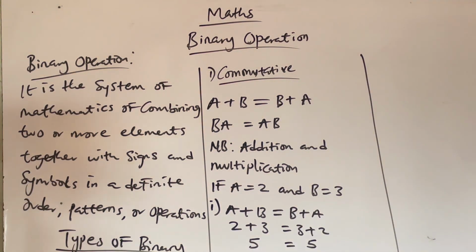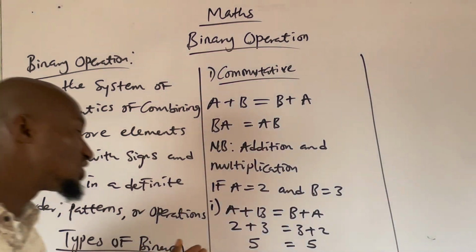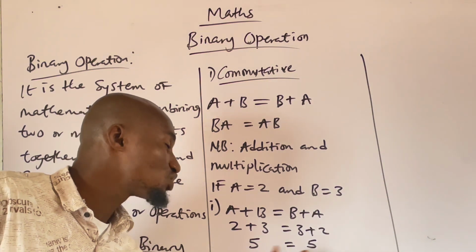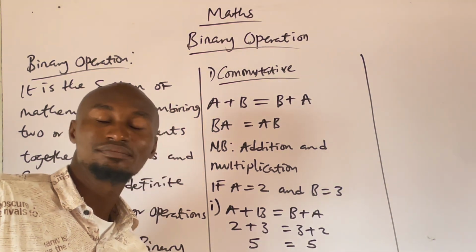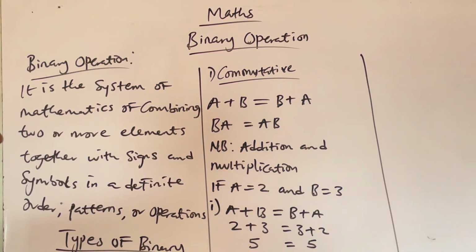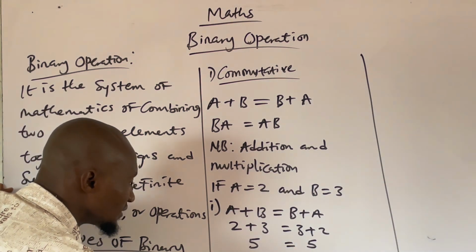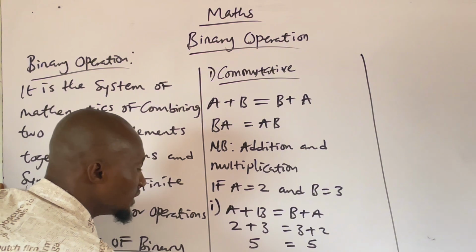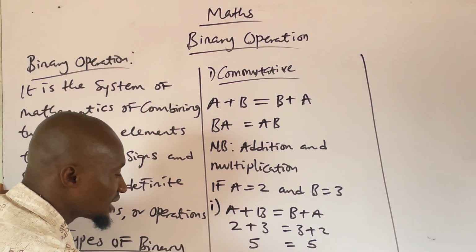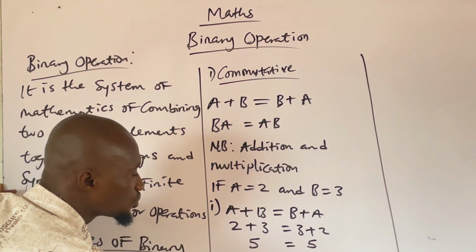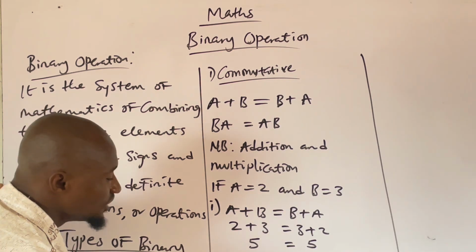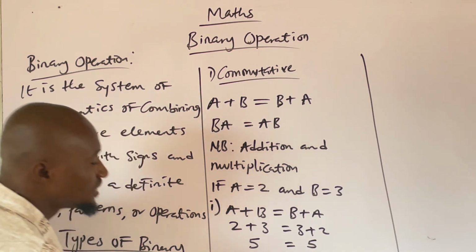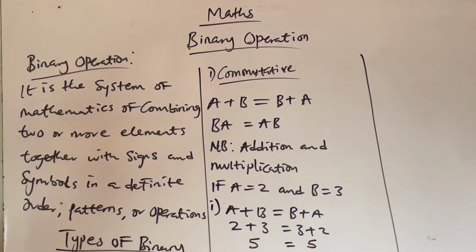This is commutative binary operation. Now, if you have BA equal to AB, B is 3 times 2 and A is 2 times 3. 3 times 2 will give you 6 and this will give you 6. This is commutative. Hope you understood that.